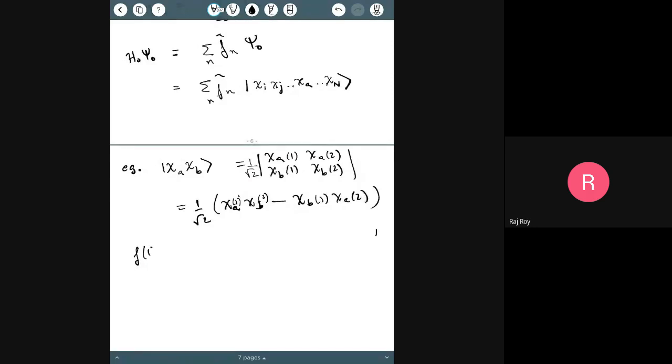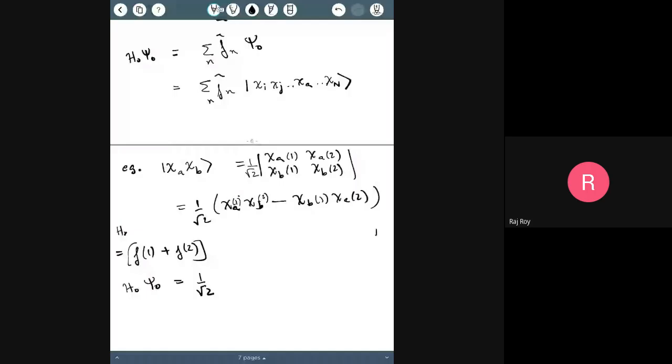This is the F1 plus F2. So this is H0, which acts on psi 0. So you have 1 by root 2.